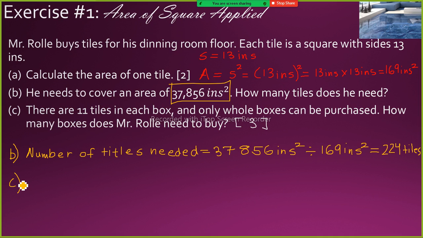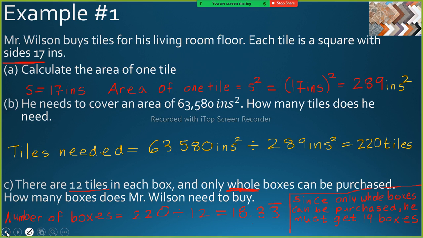Sure, no problem. Okay, so if you look carefully, let me go to our previous one. So in the previous one, there were 12 tiles in each box, right? And only whole boxes can be purchased. So we got 220 tiles the first time.